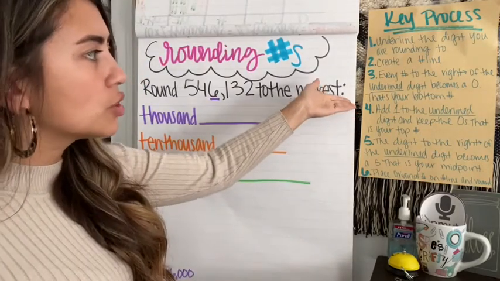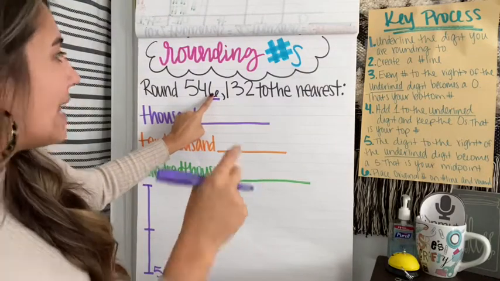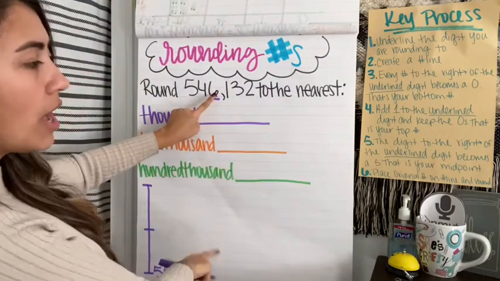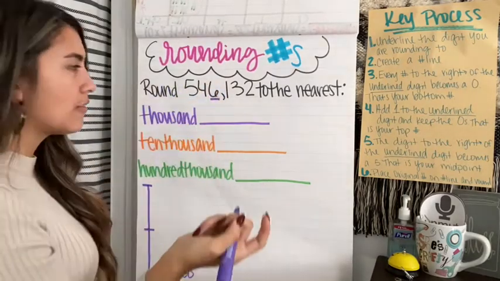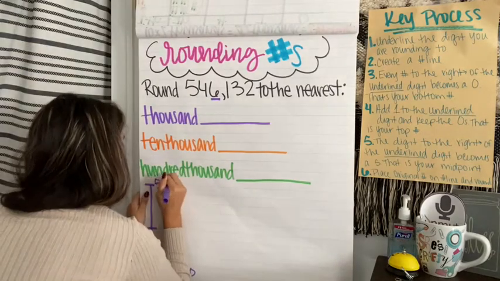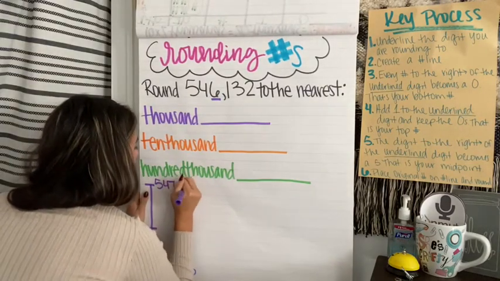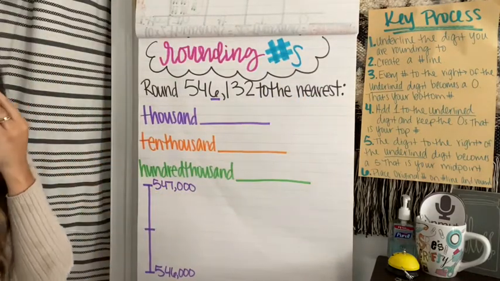Add 1 to the underlined digit, which is 6. Add 1 and keep those zeros, and that's my top number. So 6 plus 1 is 7. So my top number will be 547,000. Keep the zeros. From down here, keep the zeros.